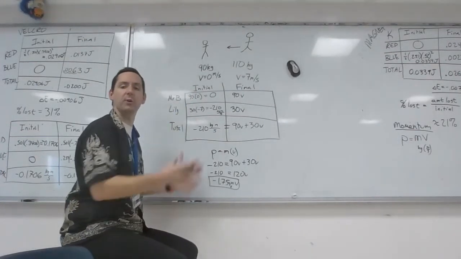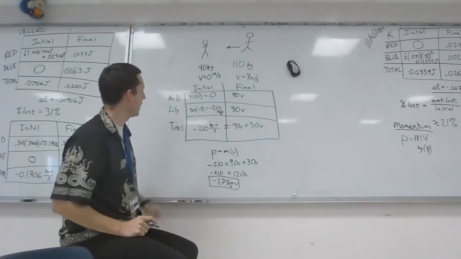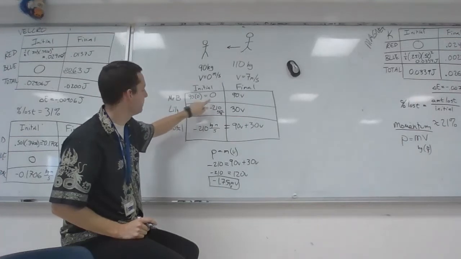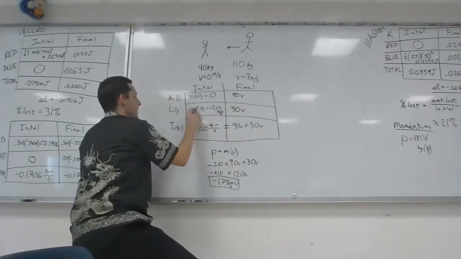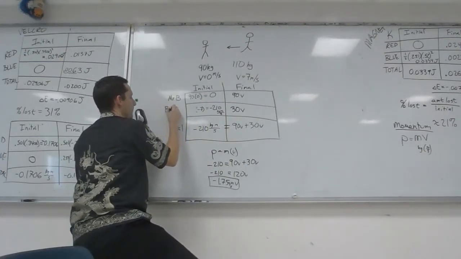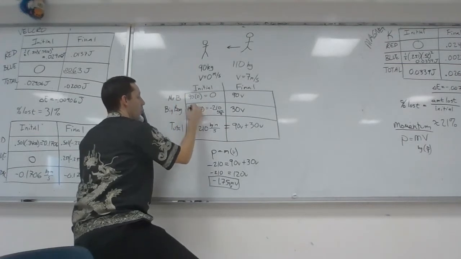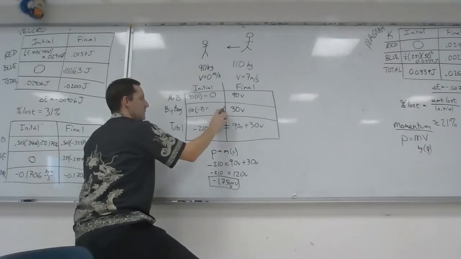Well, we do exactly the same thing, but we're going to change some of our masses around, right? So my initial momentum is the same. That doesn't change. Then here, instead of being 30 times -7, this is going to be big boy. So I'm going to go 110, because that's the new mass, times 7.